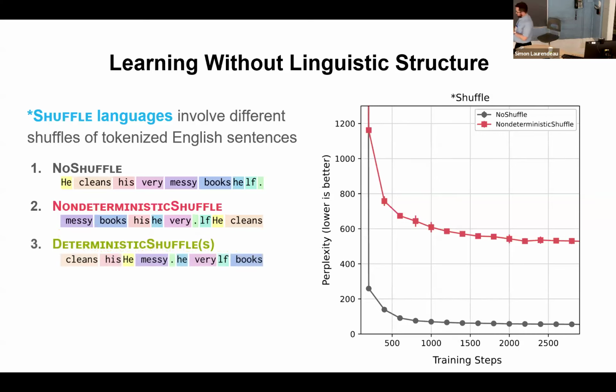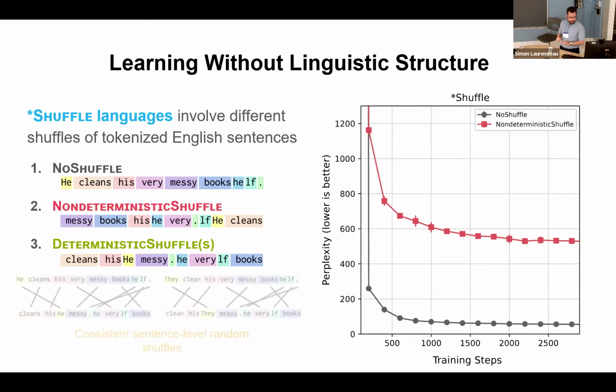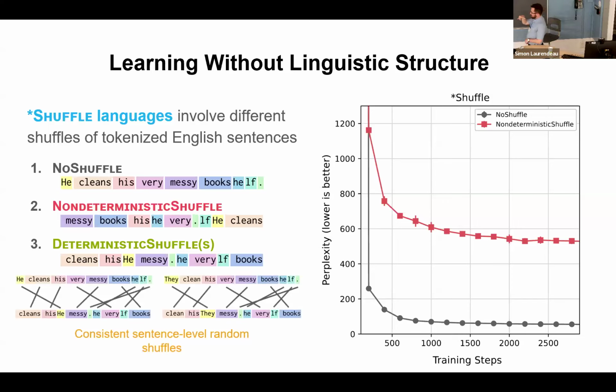We apply a deterministic shuffling function to each sentence. So we have a random permutation function, and we apply that same permutation function to each sentence consistently. This is going to have the effect of totally destroying the structure, the context-free, well-nested structure of the sentences, but it's still deterministic.